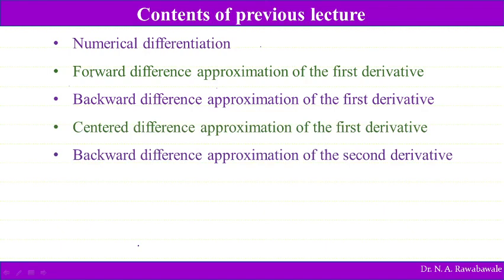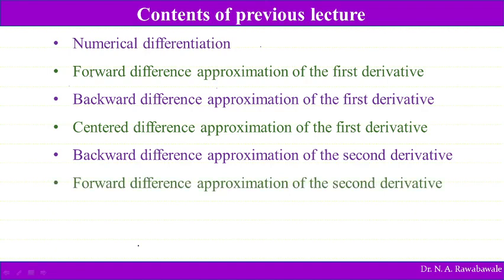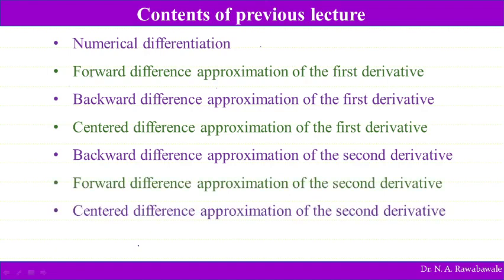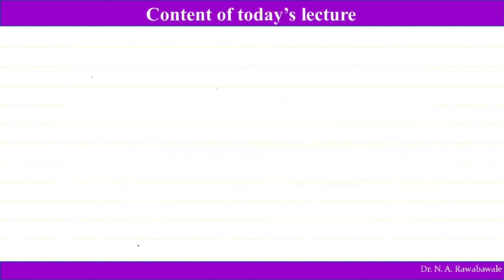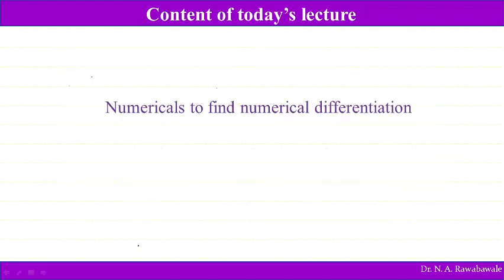Then we moved to the second derivative: backward difference approximation, forward difference approximation, and center difference approximation of the second derivative. So today we are going to solve some numericals to find numerical differentiation of a given function.